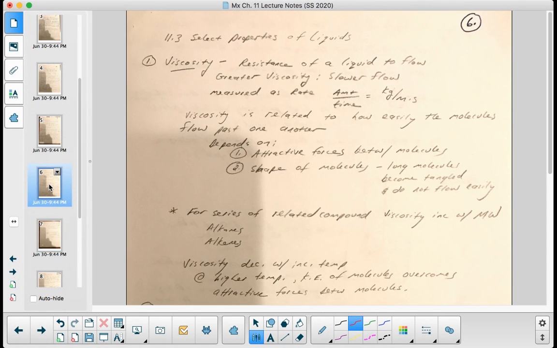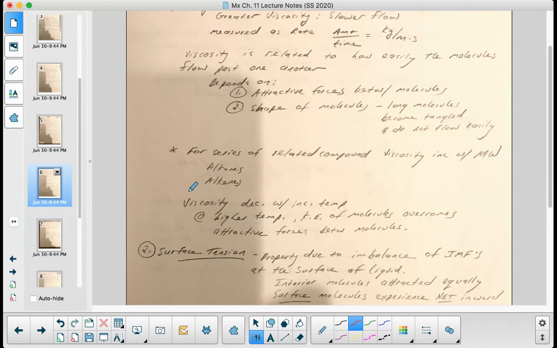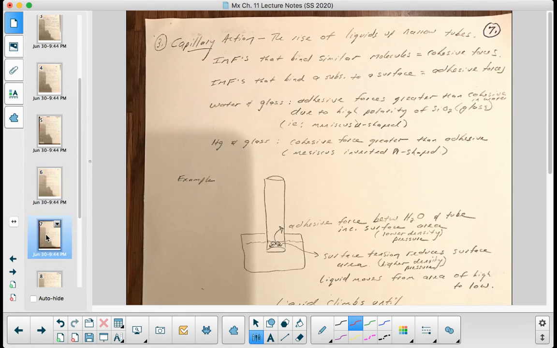Okay, now here on page 6, I'm going to ask you to really just go through these three definitions on viscosity, surface tension, and then the last one here on page 7 is capillary action. They're very important characteristics of liquids that I think have some real practical applications.